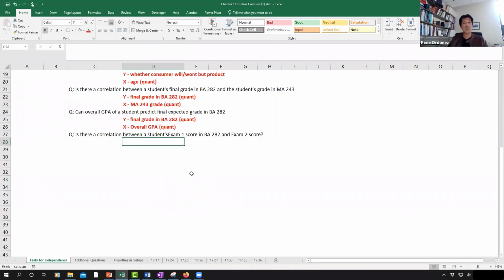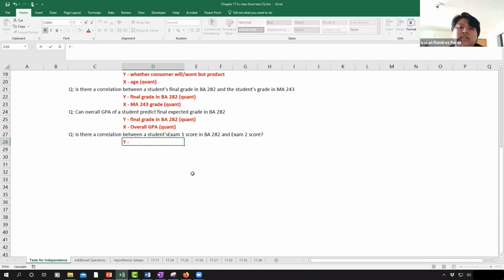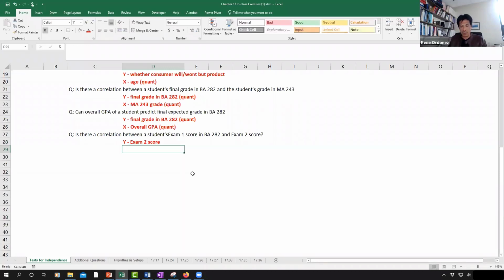And then finally, suppose that I want to predict how well a student will perform in the second exam based on his or her exam 1 score. What's the response variable? The exam 2 score. Okay, and x?